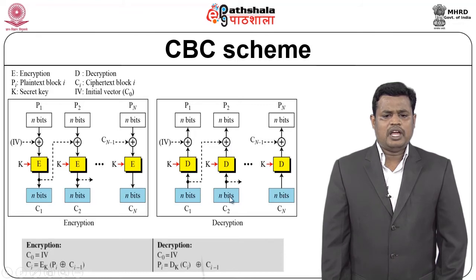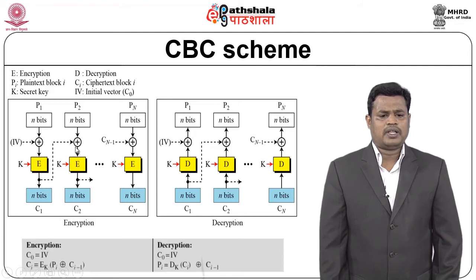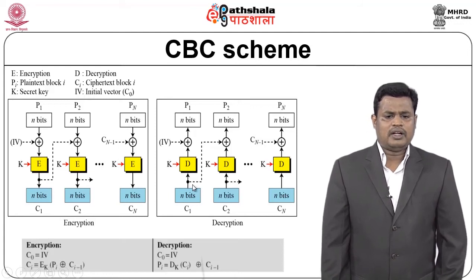As we can see, in encryption the block output is given as the input for the next block, but in decryption the ciphertext block is given as the input to the next decryption process. After the decryption it is XORed and we get back the plain text.